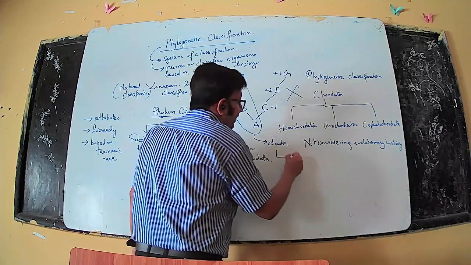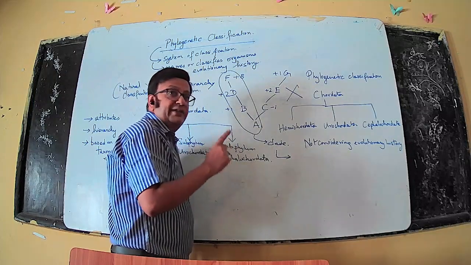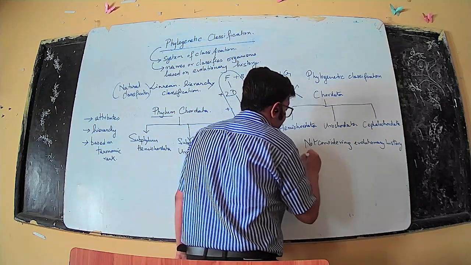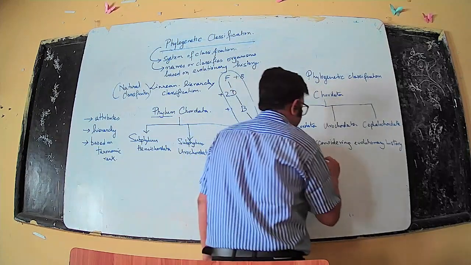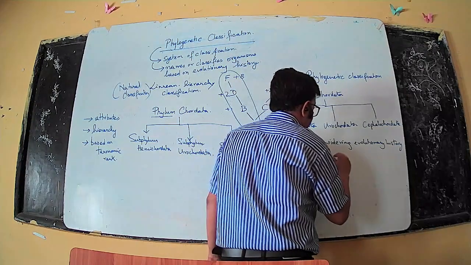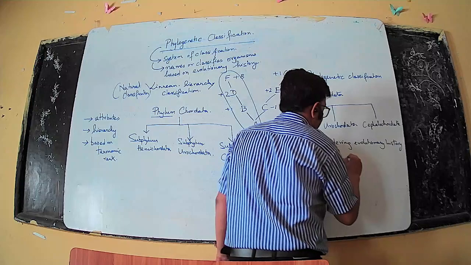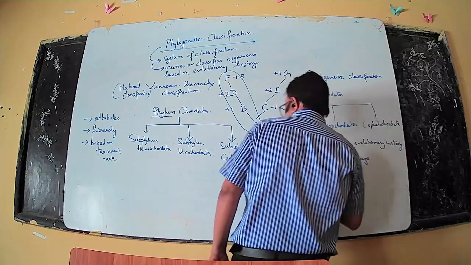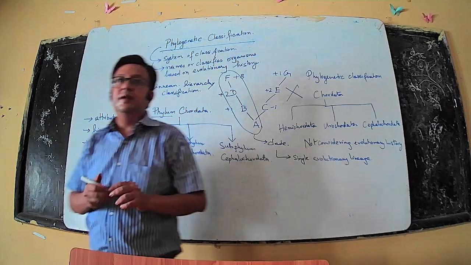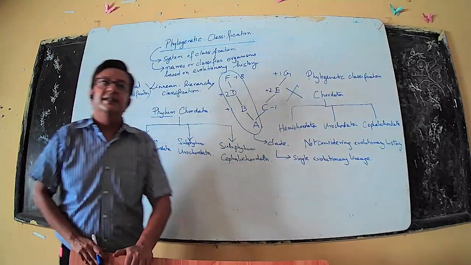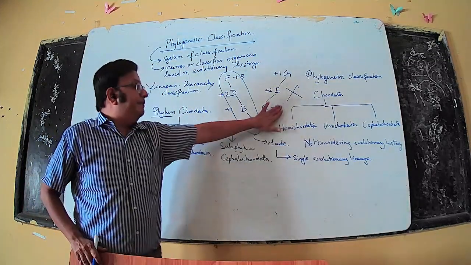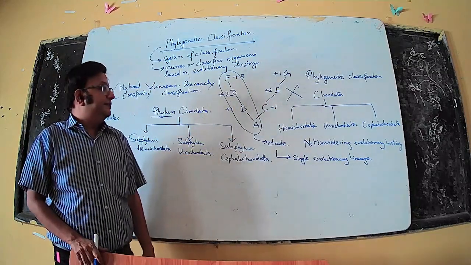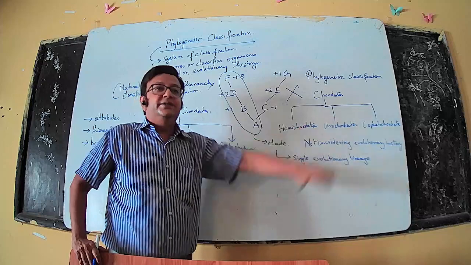It is a single evolutionary lineage. It goes like this, it can be like this, eventually it is something like this. You are dividing this into 3.